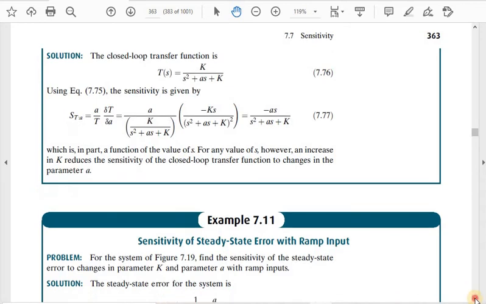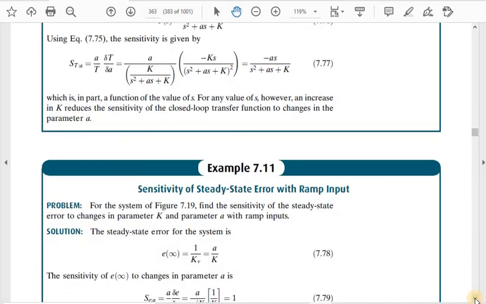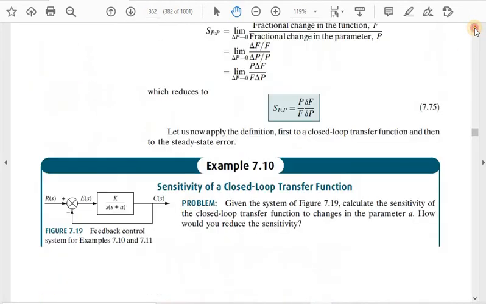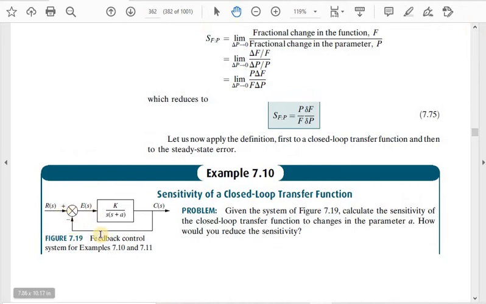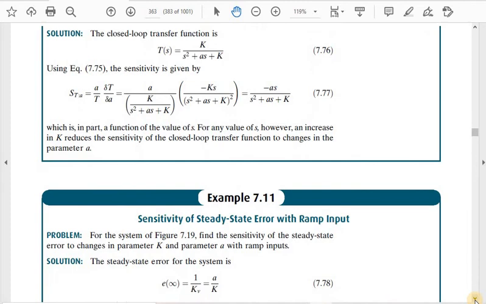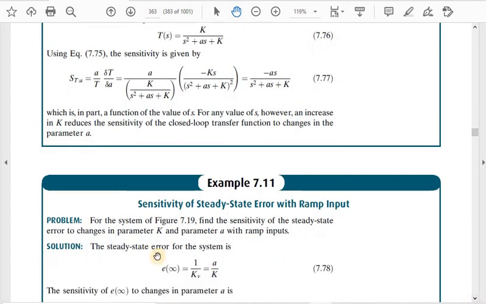Okay. Similarly, for the system 7.19, find the sensitivity of steady state error to change in parameter k and parameter a with ramp input. If I look at 7.19, it's the same block diagram. So what we have to do is calculate the steady state error.